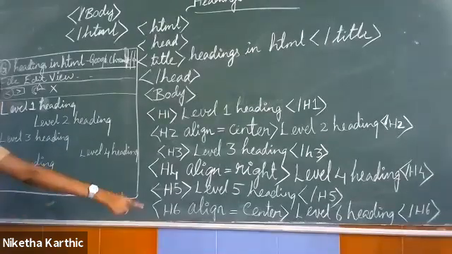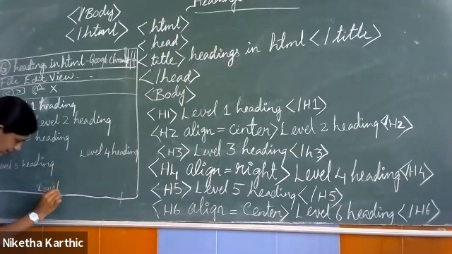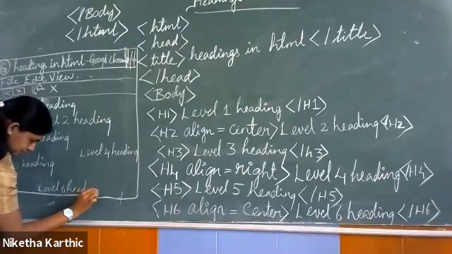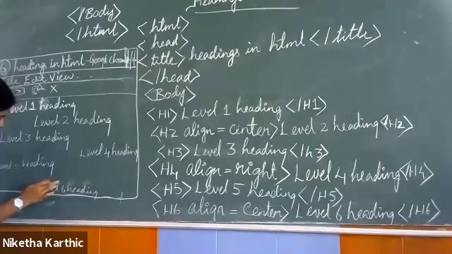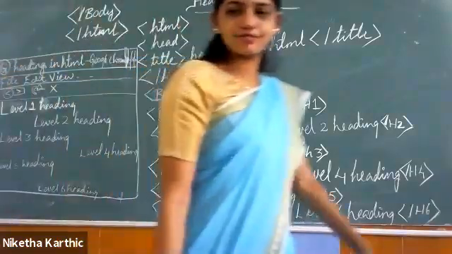And for the sixth one, we asked for the center and it will be very small. Level 6. The size will be too small. Okay? Children, you understood the difference?